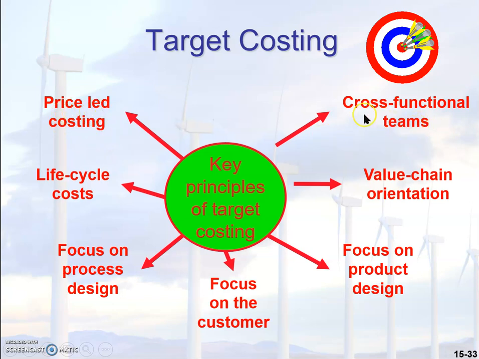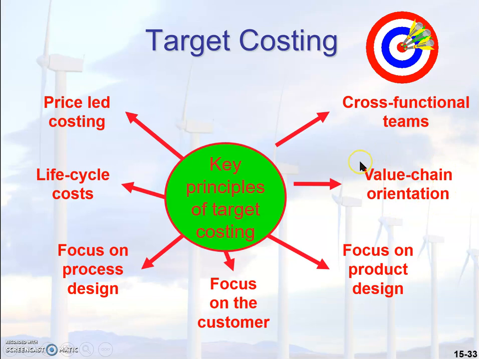And it's a cross-functional team rather than just focusing on the cost provided by the management accountant or the production people. It includes the marketing division, research and development, production, and the purchasing department, all involved in the target costing. It also has this value chain orientation.